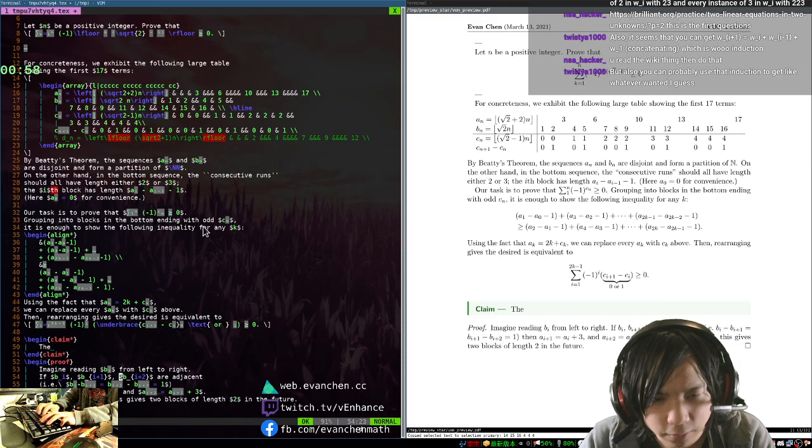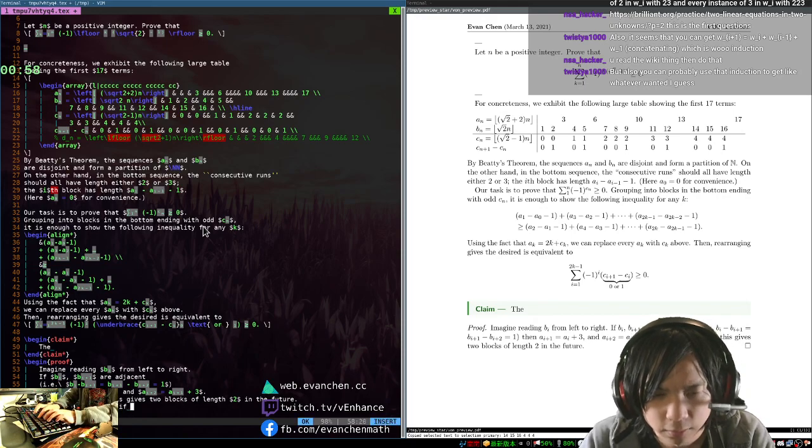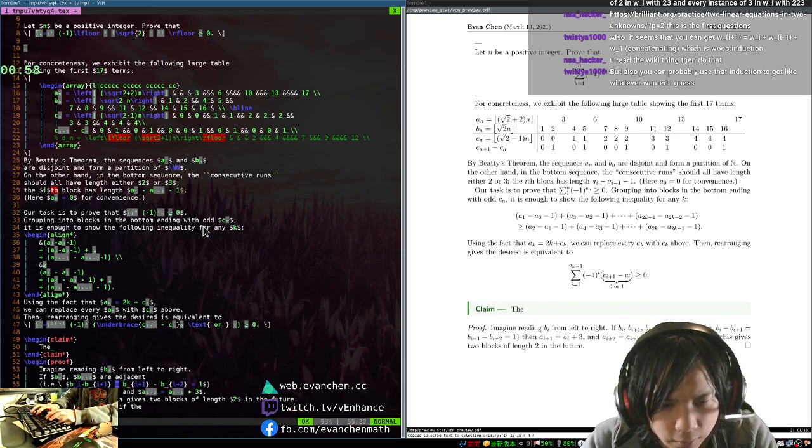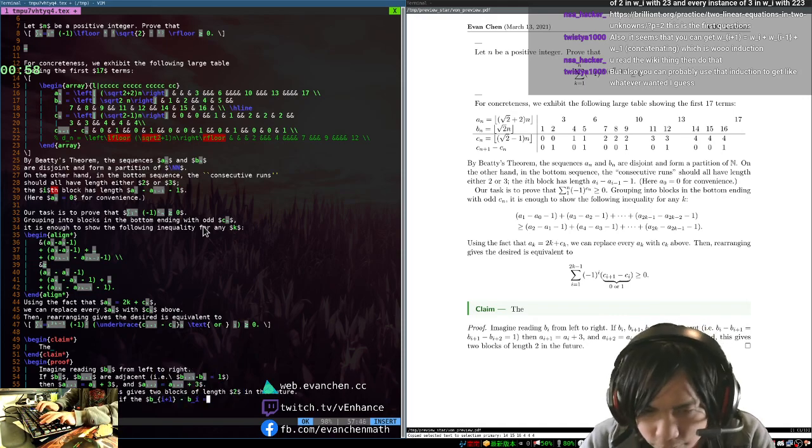Are adjacent. If bi plus 1 minus bi equals 2.